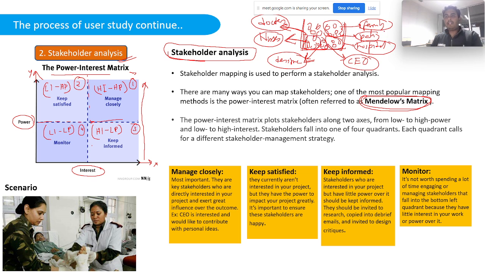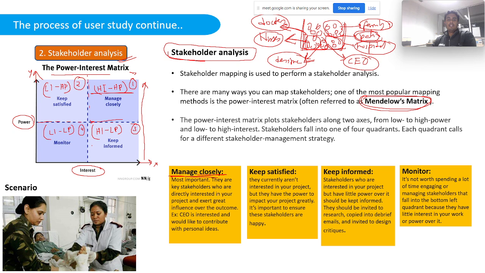Now we are talking about where you want to position these segments in this stakeholder matrix to understand their importance. The rule that we need to follow is that those who fall in the high interest and high power quadrant, we need to manage them closely.